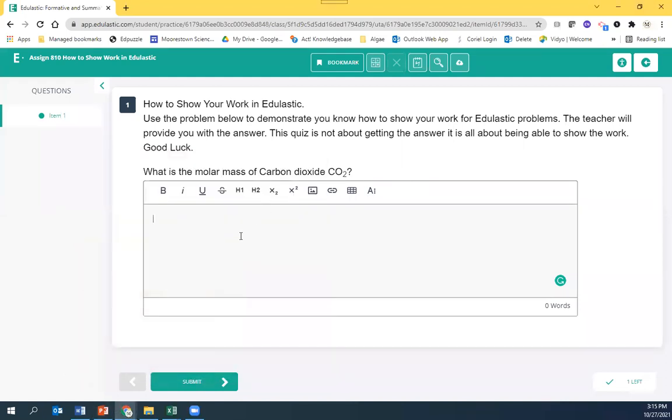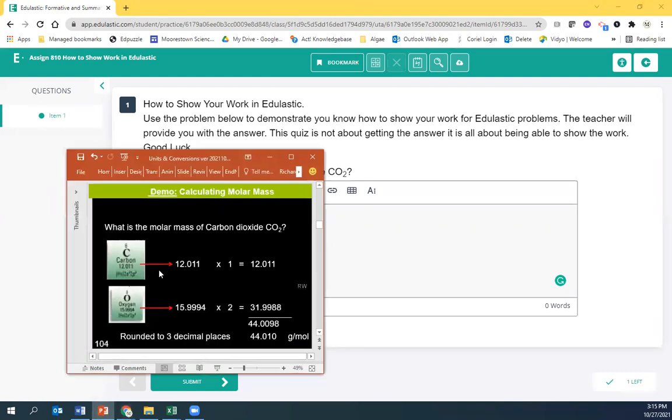So let's go show how you would put this work in. Now, this is a little bit different than the other problems you had because we can work right off the keyboard. So click your cursor here where you want the answer to appear, and let's just start typing in the answer. We're going to type in a C for carbon, to show that our first line is calculating carbon and the molar mass is 12.011.